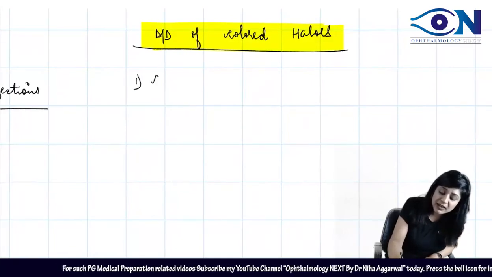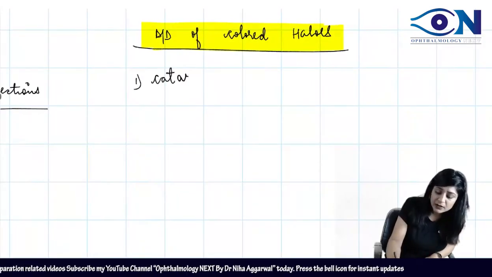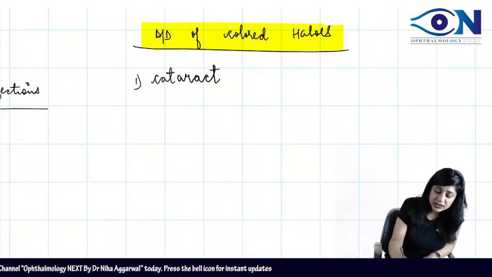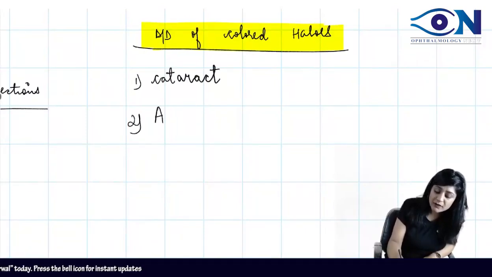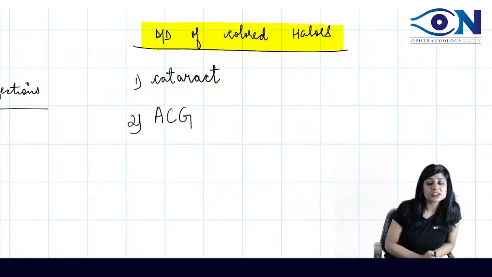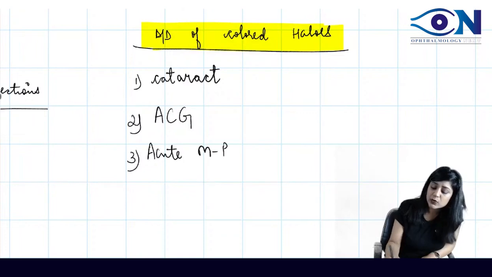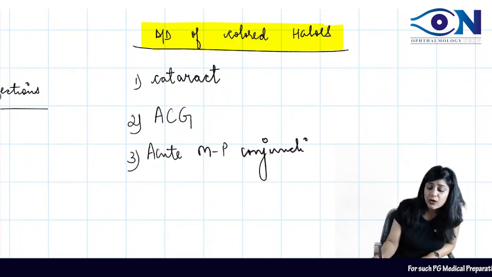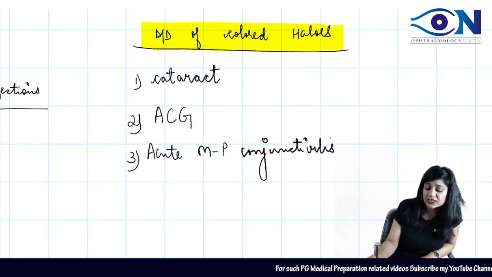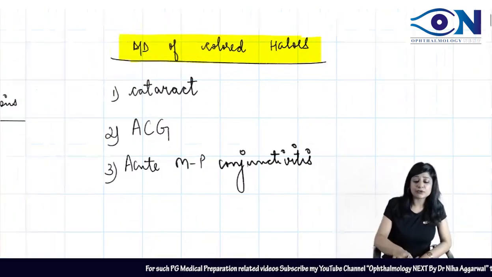Number one, we have a cataract. Number two is a glaucoma. Which glaucoma? Acute congestive glaucoma. And number three is this one that we were talking about, acute mucopurulent conjunctivitis. So whenever you are getting a OPD case of conjunctivitis, it is these things that you have to look.